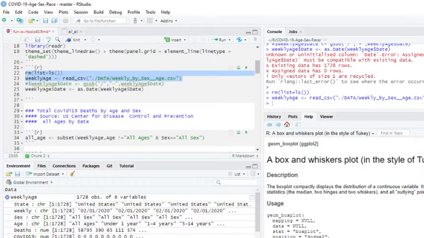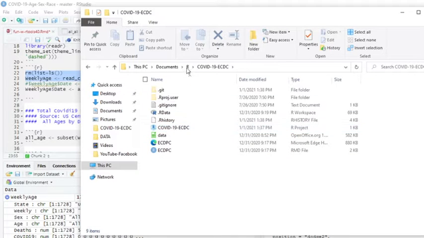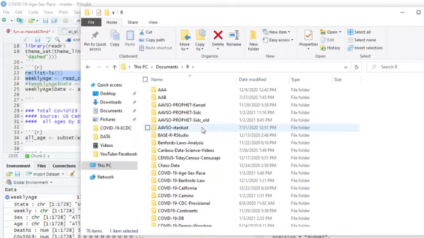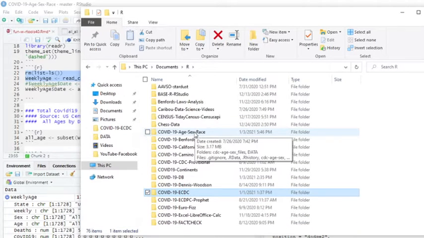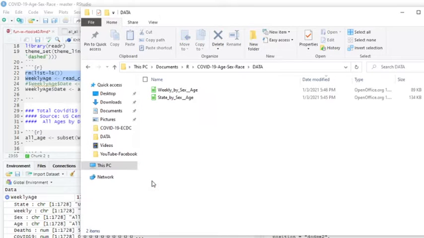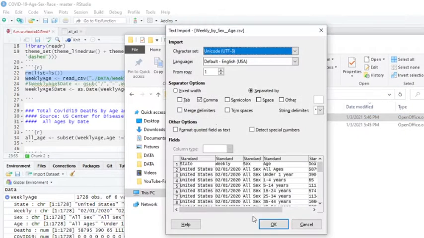You know what, let's do this. First of all, we could fix this inside the script itself, but we're starting here with the weekly data, right? But let's just fix it here.